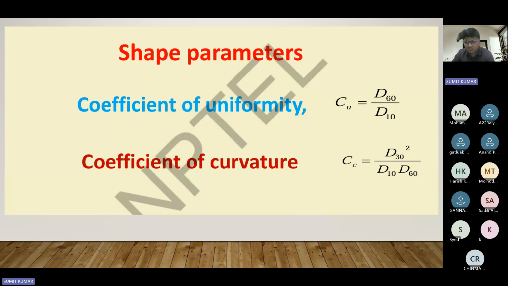As I recall, maybe for CC I may be mistaken, but for CU its value should lie between 1 and 3. I will check and let you know that CC value. But CC value is greater than 4 for gravel and greater than 6 for sand. That's it. Okay.